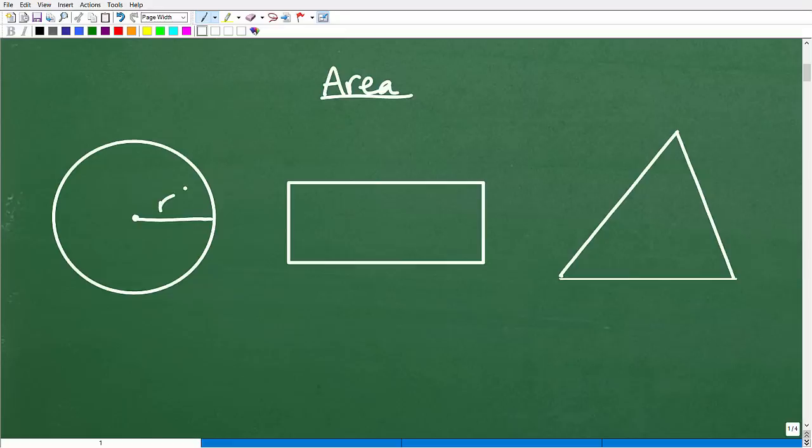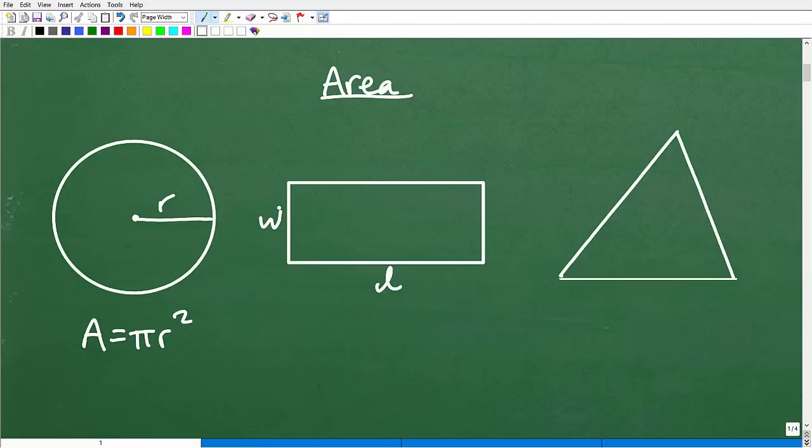So you might be thinking, I could find the area of a circle by using this formula, pi r squared. The r is the radius, the distance from the center to the edge, so if I knew this information, I could plug it into this formula and find the area. And here I have a rectangle, this is the length and this is the width.